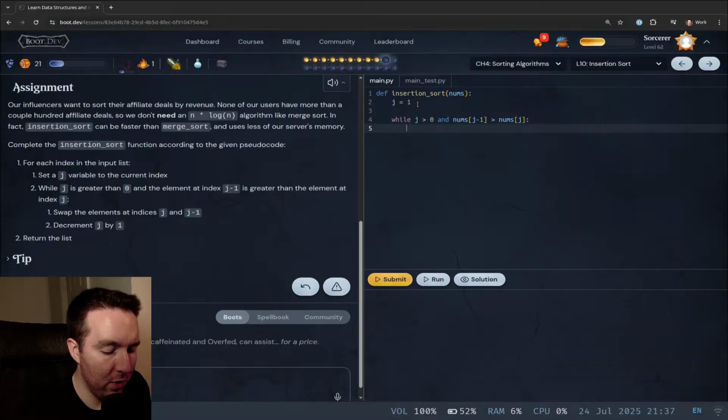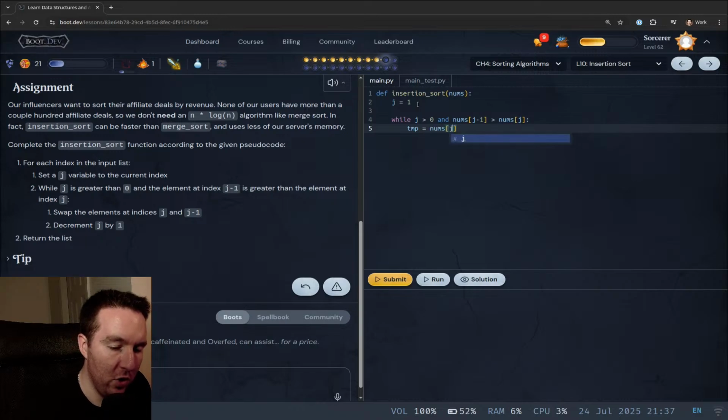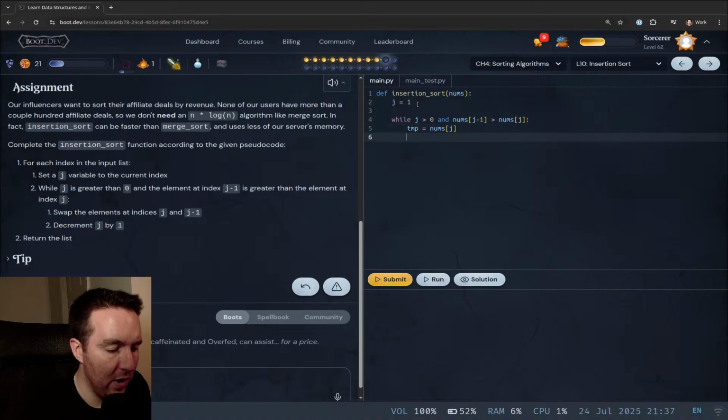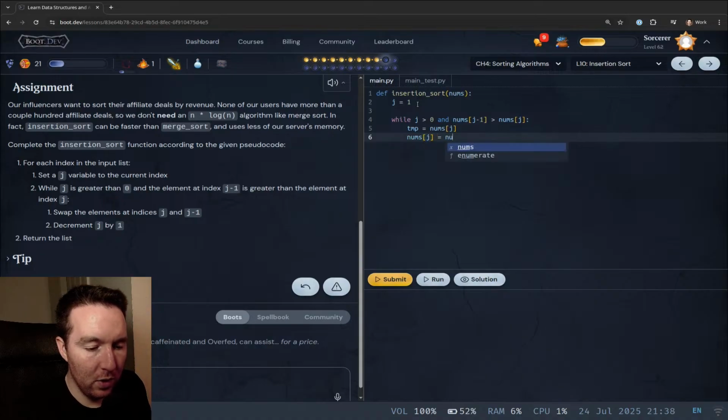Okay, swap the elements. So temp equals nums[j]. Then we're going to say nums[j] equals nums[j minus 1].